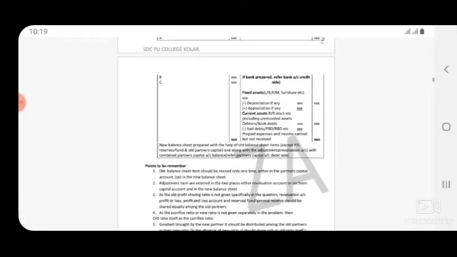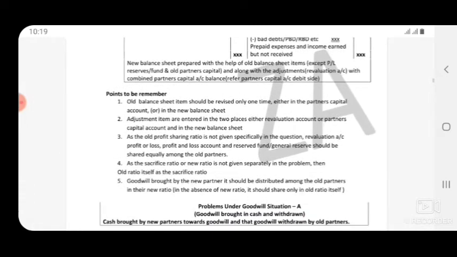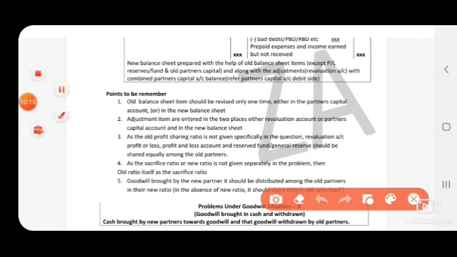Next, so points to be remembered. First, old balance sheet items should be revised only one time, either in the partner's capital account or in the new balance sheet.